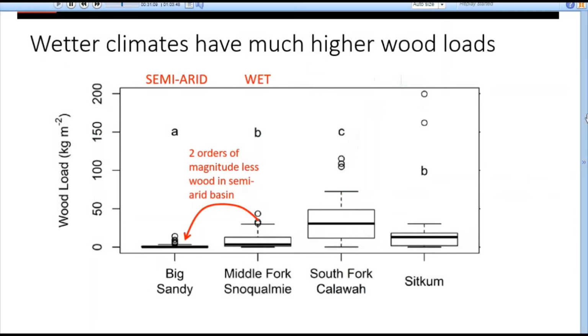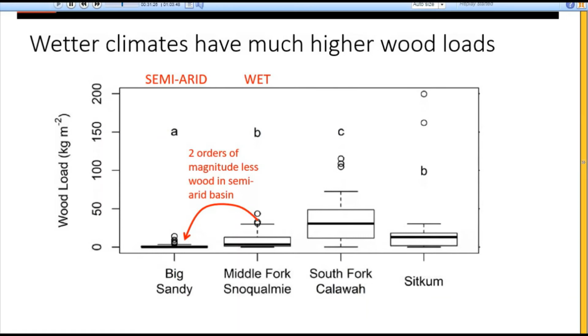Then, shifting over to, again, this basin in the Cascades, the Middle Fork Snoqualmie, and a basin in the Rockies, the Big Sandy. If we transition from a wet temperate rainforest to a much drier parkland ecosystem, we see a 2 order of magnitude difference in wood load.